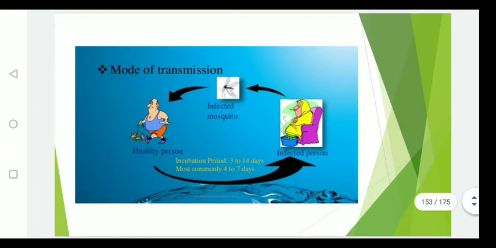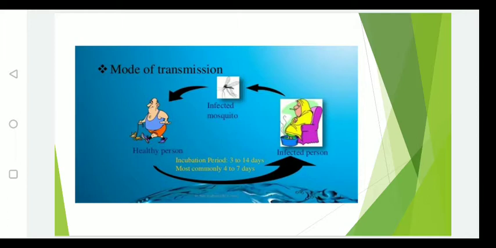The healthy person becomes an infected person from an infected female Aedes aegypti mosquito. Firstly, the mosquito also becomes infected from an infected person, as the mosquito comes for biting, for sucking the blood.